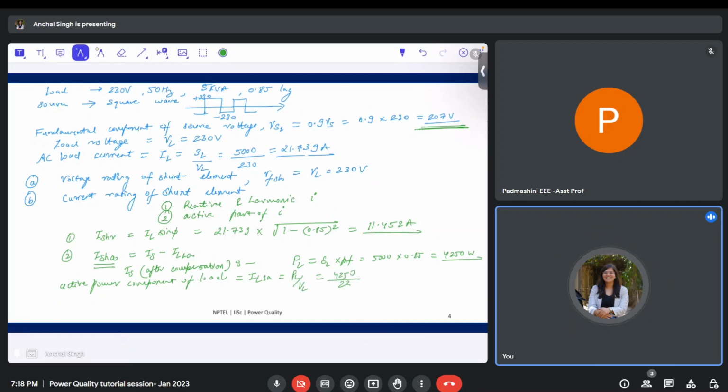We know the load voltage is 230 volts. So this will come out to be 18.478 amperes. This is our active part of load current.